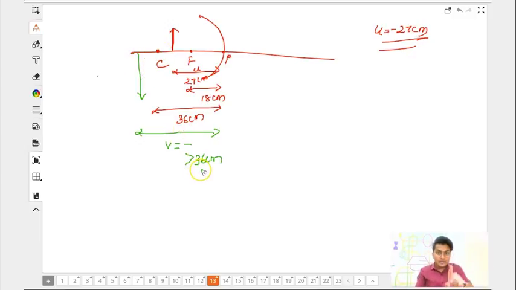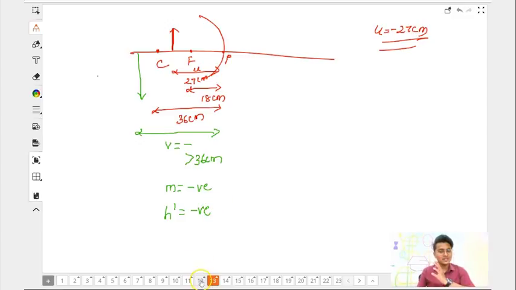And now I know that the magnification m, since it's a real image being formed here, obviously the object is between C and F, there is no way it can form a virtual image. So magnification must be a negative value. It's an inverted image, so your h dash value must also be negative.